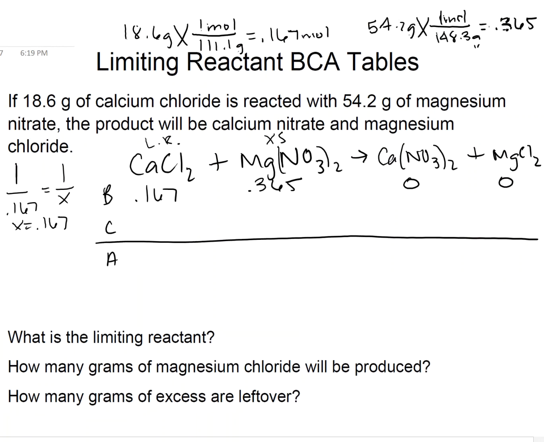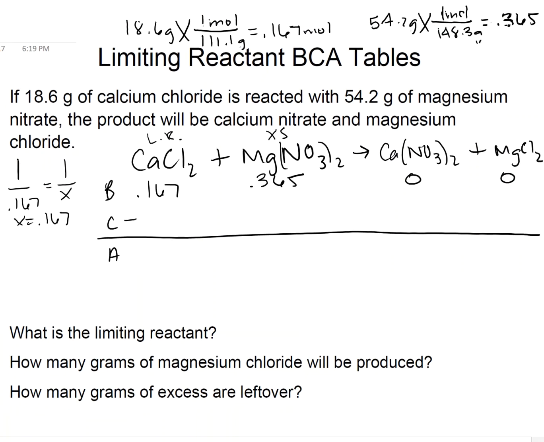As always, we are going to subtract our reactants and add our products. And at this point, since we know that CaCl2 is our limiting reactant, that is the amount that we are going to subtract in full. So in our change row, we are going to minus 0.167. We would then need to figure out the change row numbers for all of the other substances based on the limiting reactant.